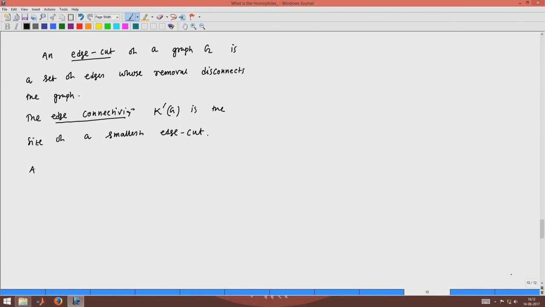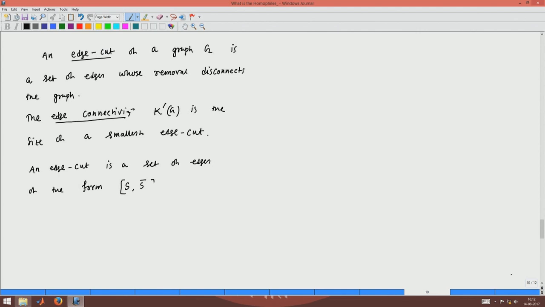And we usually use the standard notation to denote the edge cut. An edge cut is a set of edges of the form S S complement.